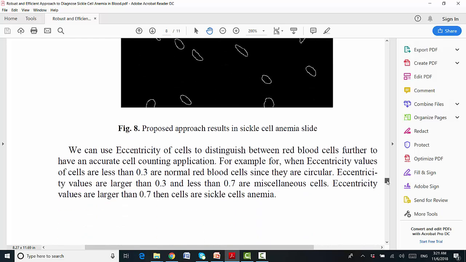So we can distinguish further by applying the eccentricity for less than 0.3 to guarantee they are normal blood cells, then 0.7 until 1 they are for example sickle cells, and between 0.3 and 0.7 we can say other objects, other blood components, sorry.